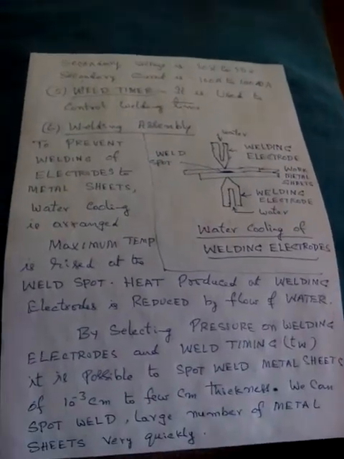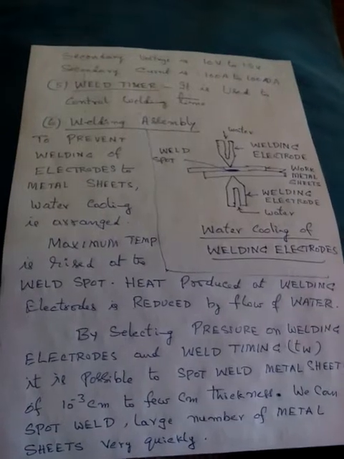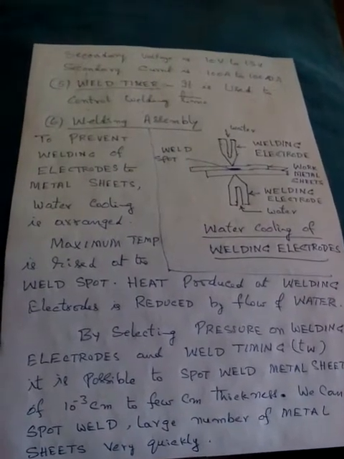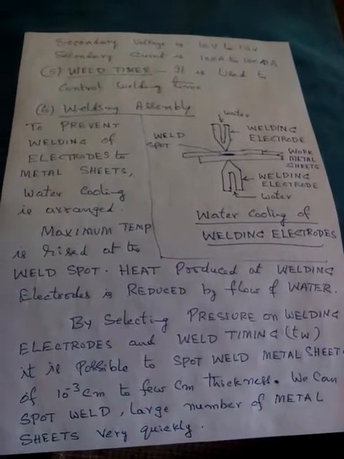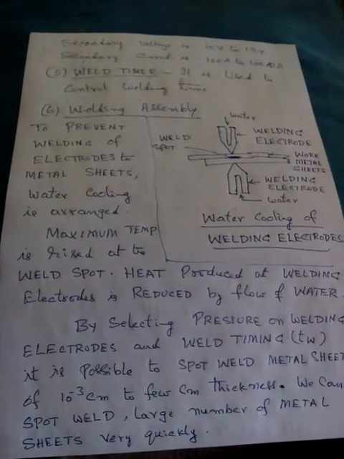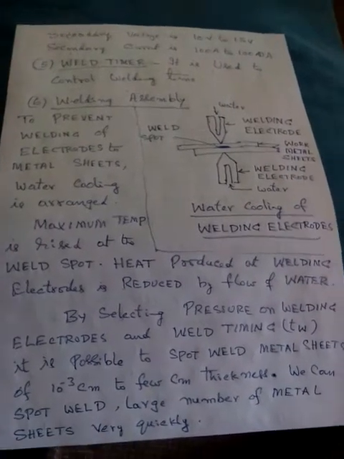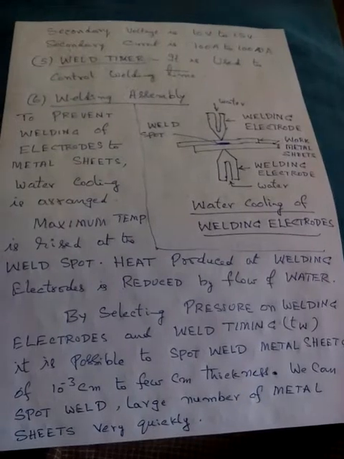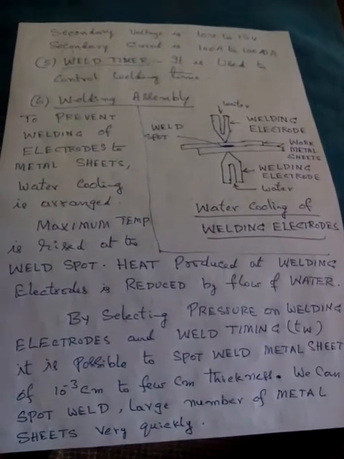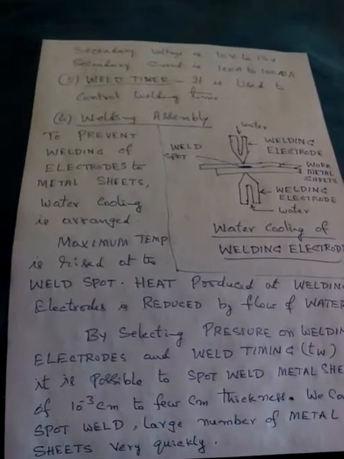So by properly selecting pressure on welding electrodes and weld timing TW, it is possible to spot weld metal sheets of 10 to the power of minus 3 centimeters to few centimeter thickness. We can spot weld large number of metal sheets very quickly using this spot welding method.